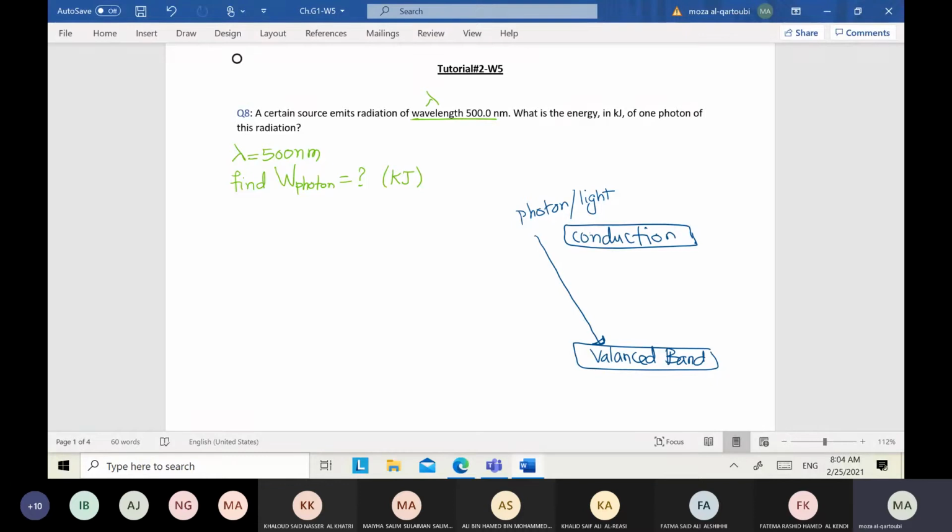One electron will go to the conduction band, and will leave in the valence band one hole. So this photon will create one exciton. Always each photon creates one exciton.